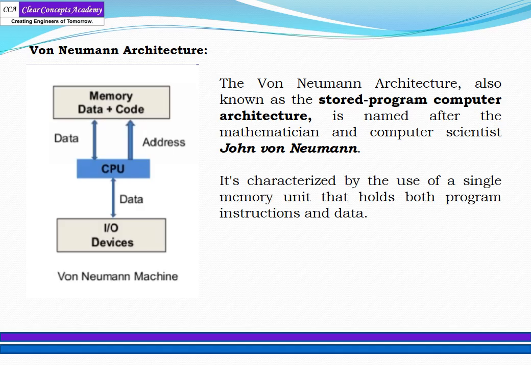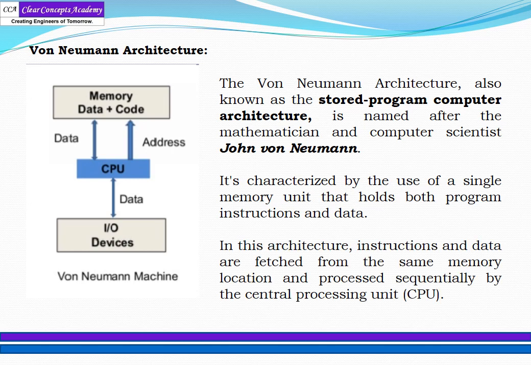It is characterized by the use of a single memory unit that holds both program instructions and data. In this architecture, instructions and data are fetched from the same memory location and processed sequentially by the central processing unit.